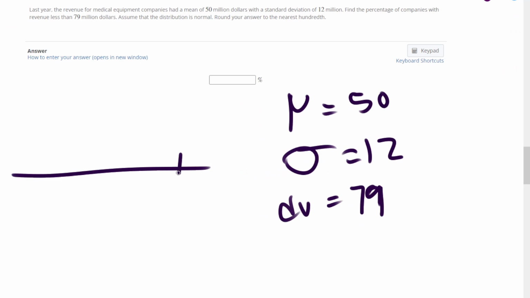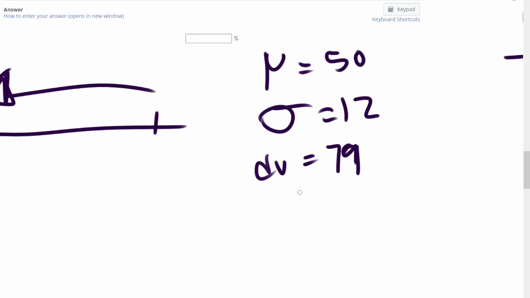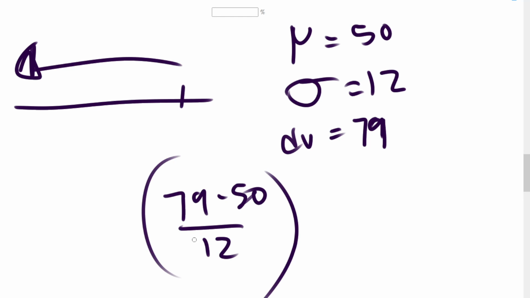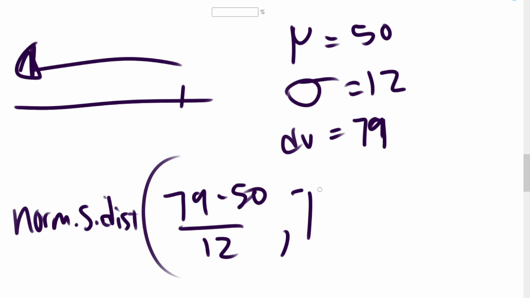So 79, it'll be less than, which is what it calculates. So you would do 79 minus 50 divided by 12, and then whatever you got for that, you would do norm.s.dist, and then true.